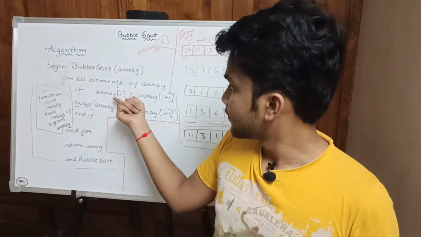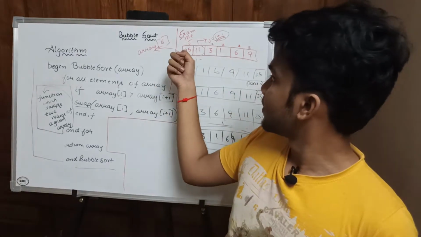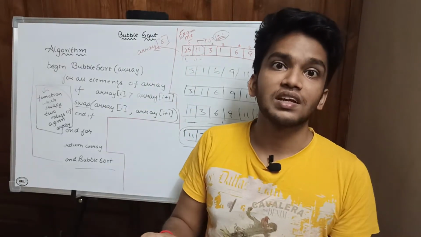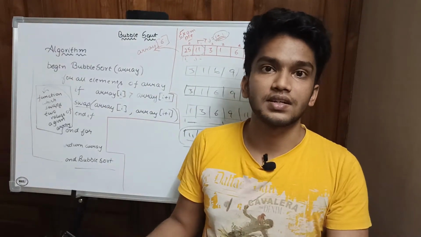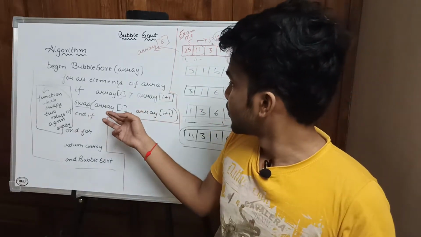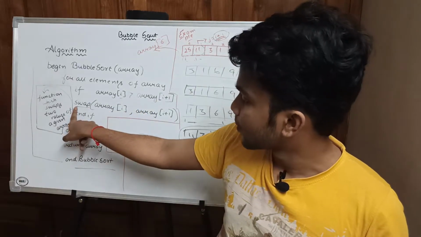If that element is greater than array of i plus 1, meaning the element at i is greater than the one at i plus 1. For a clear understanding you can take it as j, because you are getting i two times, right? So if that is happening, then you perform a swap operation.